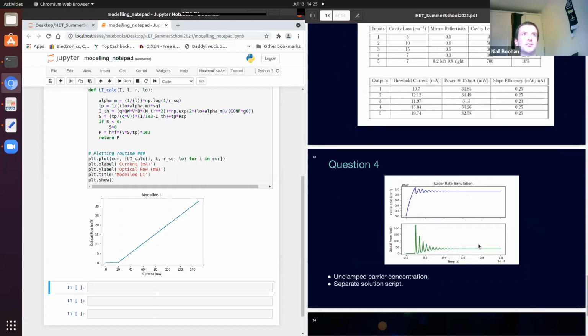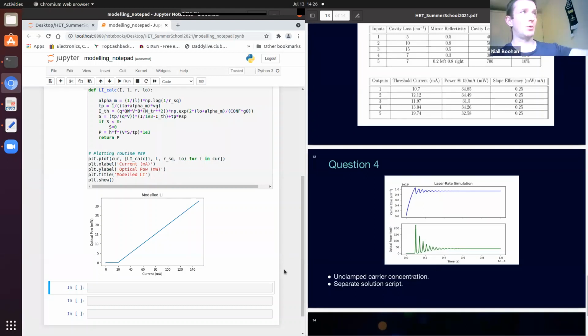The time-based calculation, this is kind of what you should get from it. Eventually, you should get these two graphs. This top graph, this one in blue, is describing your carriers, so your holes and electrons that are in the cavity and how much they change with time. And then the second one is the optical power, but it's also photon concentration or photon number in the cavity, and how much that changes with time.